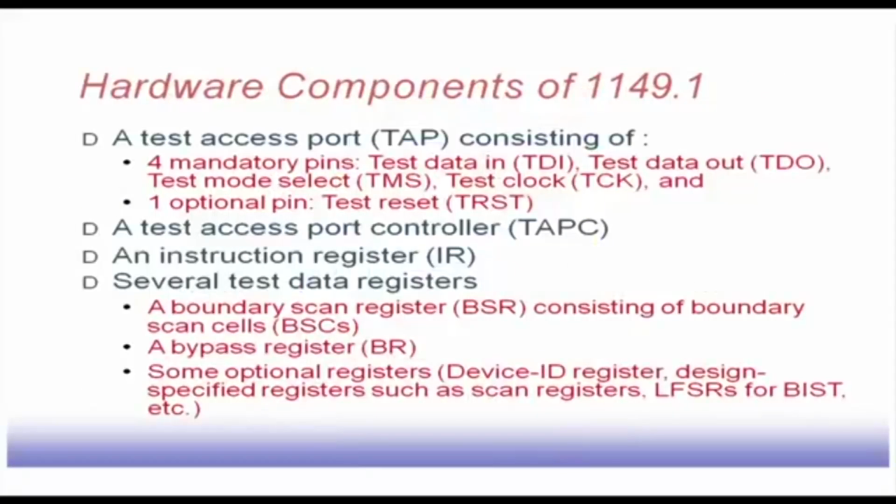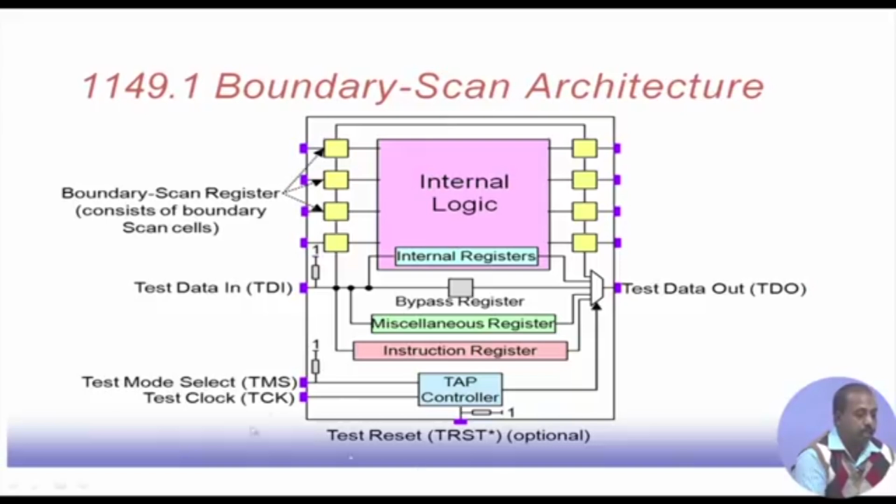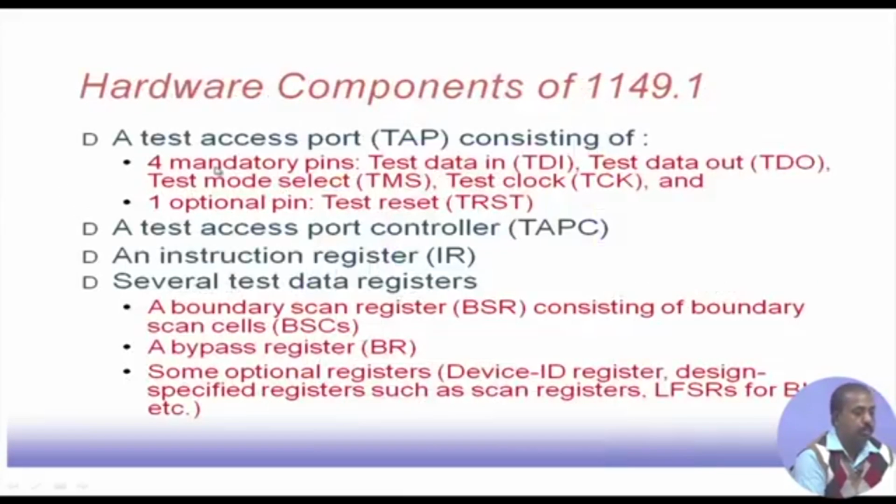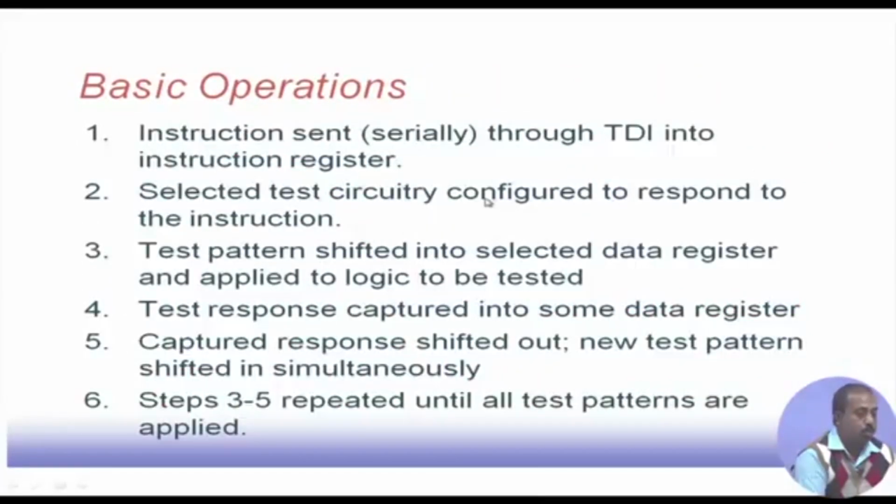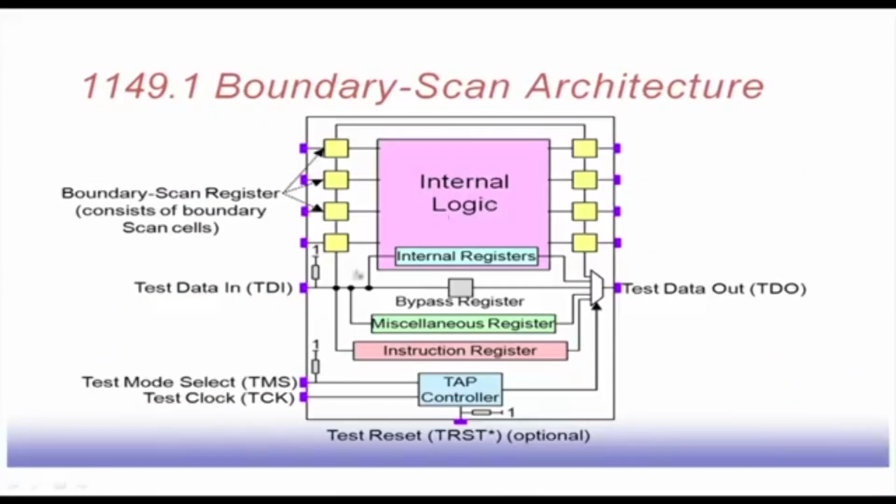So, the hardware components of 1149.1 consist of one test access port. So, this is the test access port that we have. The test access port has got a number of signals. These 4 pins are mandatory: test data input, test data output, test mode select, and test clock.